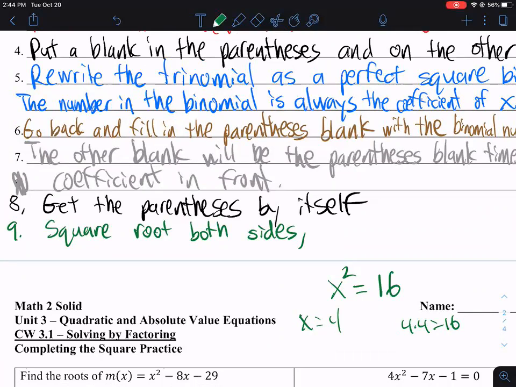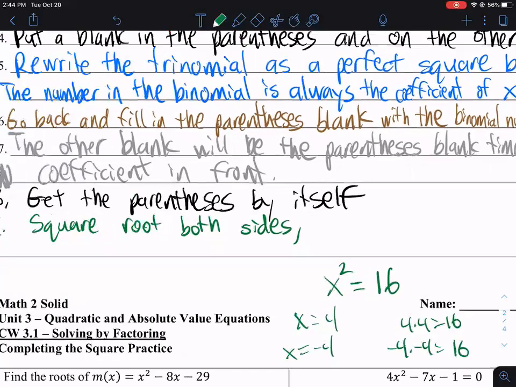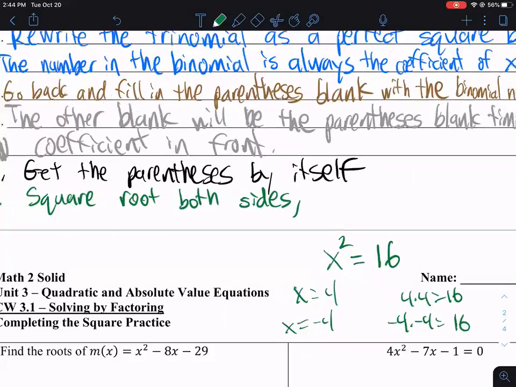And does anyone know what that other number is that also times itself equals 16? -4. Okay, good. Taylor says -4. Okay, so again, a negative times a negative equals a positive.